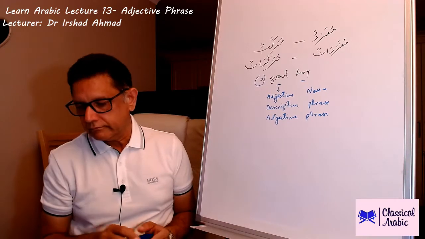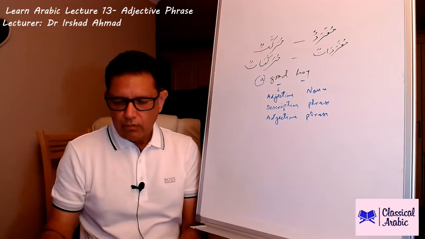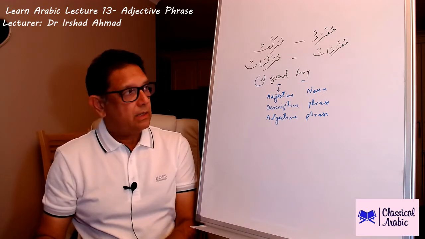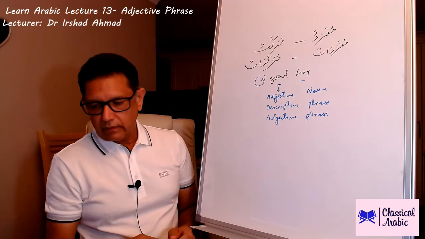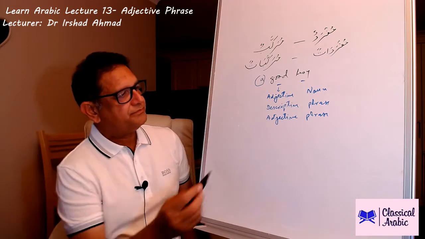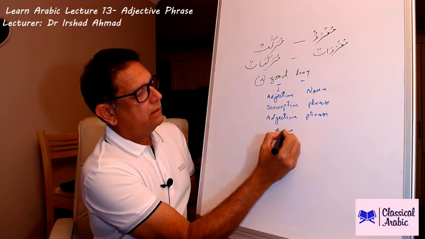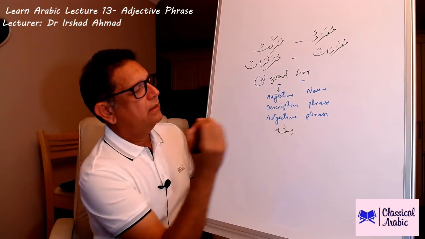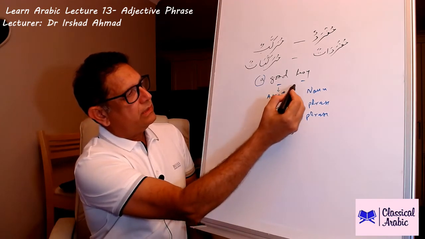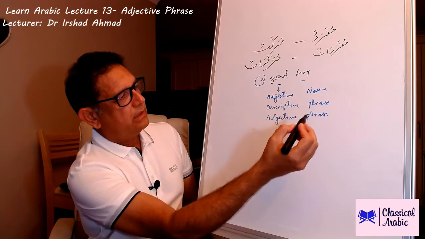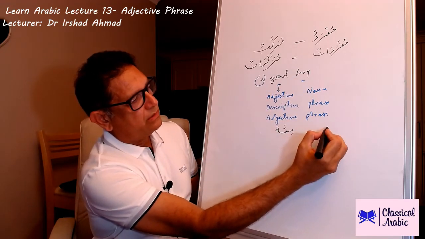Okay, so that's the English terminology. What about Arabic? In Arabic, the adjective is called sifa. We are familiar with this word now. The sifa describes the boy, and that noun in Arabic is called mawsuf.